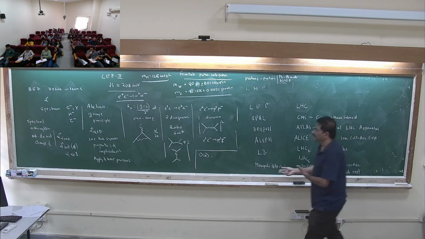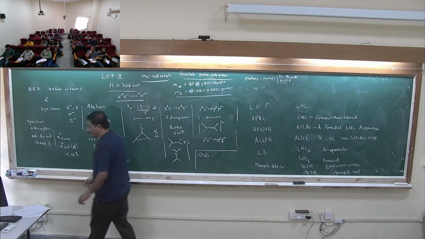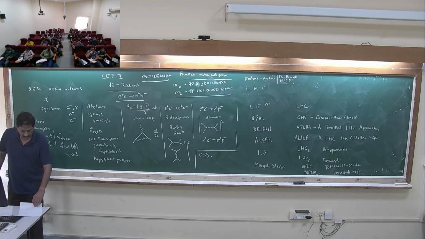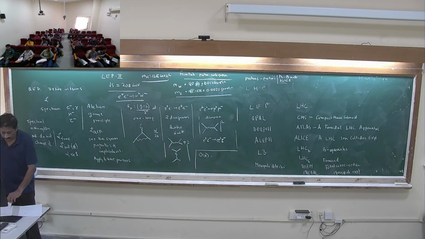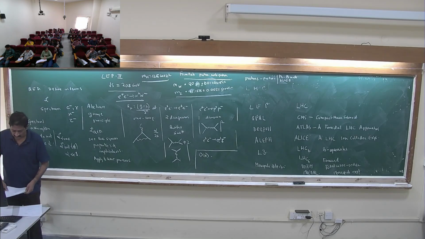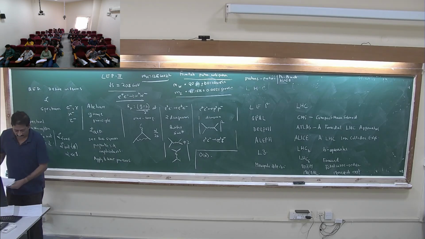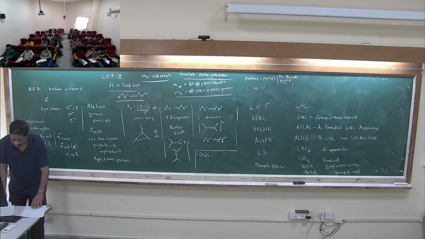So at these experiments, everything we do so far has been to test the standard model to higher and higher accuracy to see whether we are able to see anything which suggests a breakdown of the standard model. And sadly, there is nothing so far to suggest that the standard model breaks down. It's probably because we have not reached high enough energies to do that.